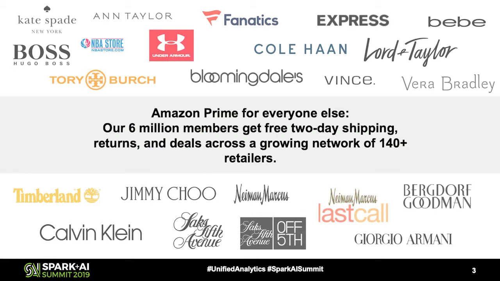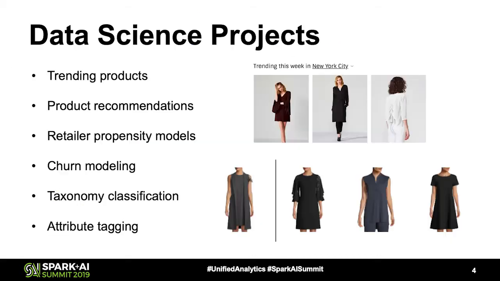And as a data scientist, I focus largely on these tools that are data-driven, particularly using models. And we use these tools to help build a delightful shopping experience all across this network. So some of the data science products that we've built or are in the process of building are some of the things you see here, all designed around connecting shoppers with the retailers and the products that they will be most interested in, that they would want to know about.